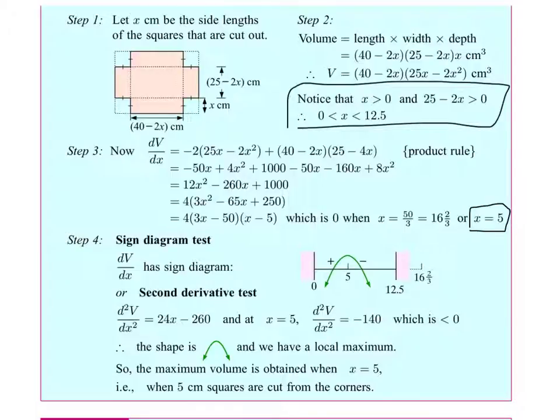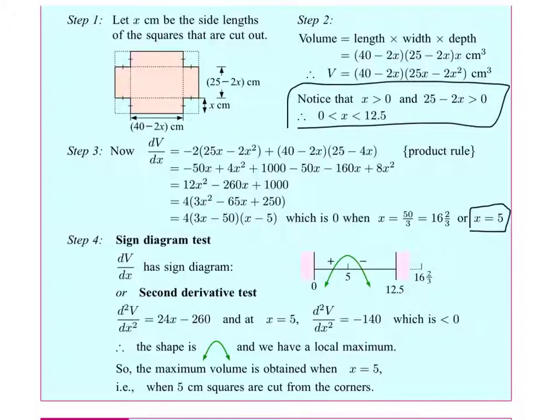And so, using the sign diagram or the second derivative, either way, I can see that from 0 to 5, I get a positive number in my first derivative, and after 5 I get a negative number.